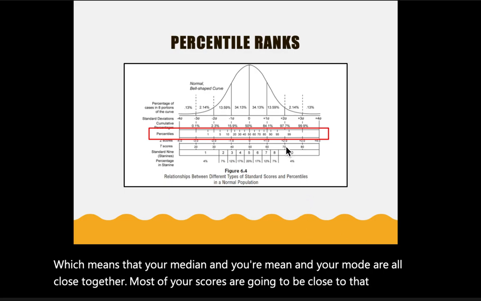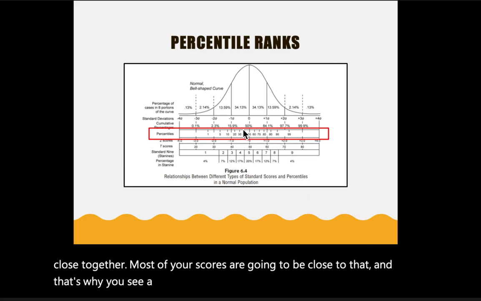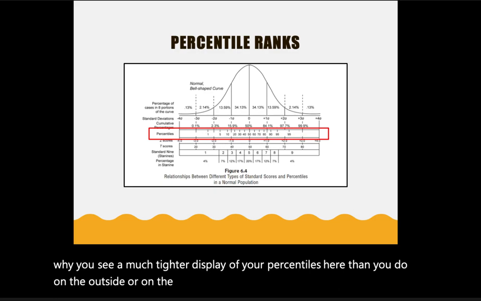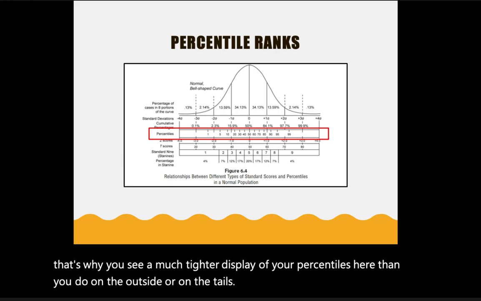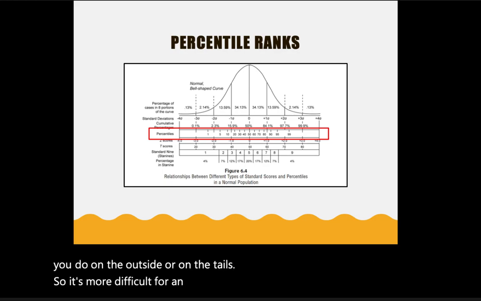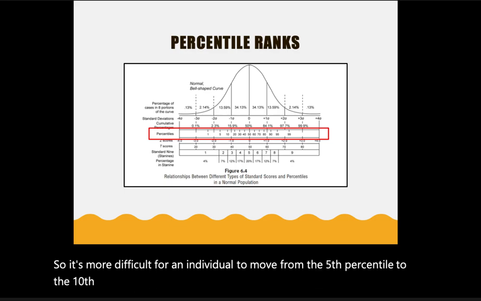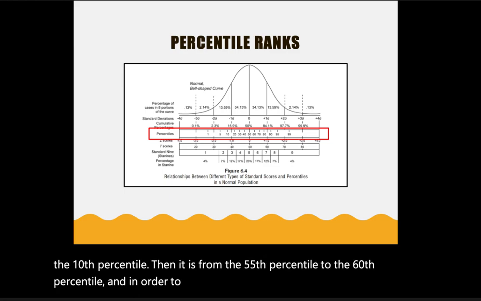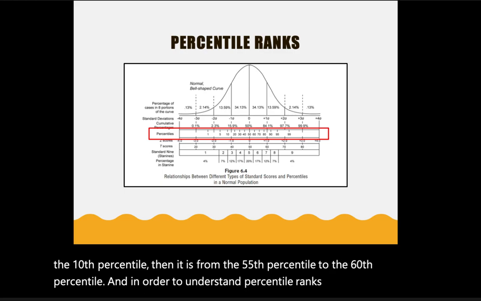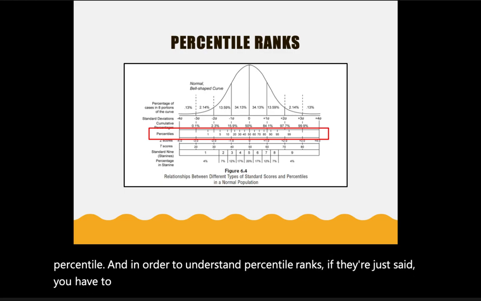And that's why you see a much tighter display of your percentiles here than you do on the outside or on the tails. So it's more difficult for an individual to move from the 5th percentile to the 10th percentile than it is from the 55th percentile to the 60th percentile. And in order to understand percentile ranks, you have to know that they are based on this normal distribution.